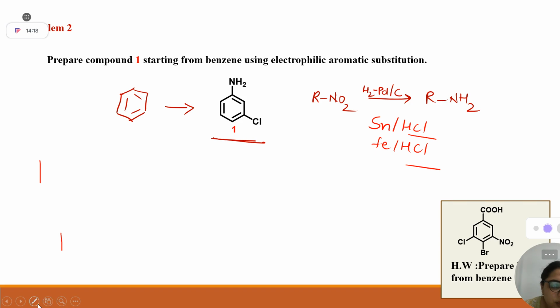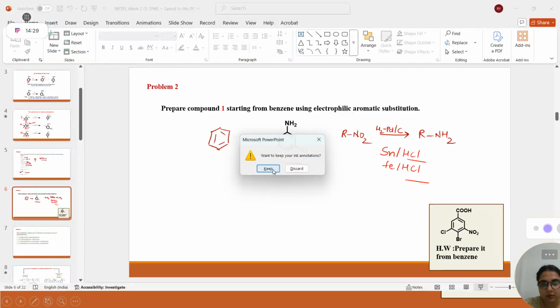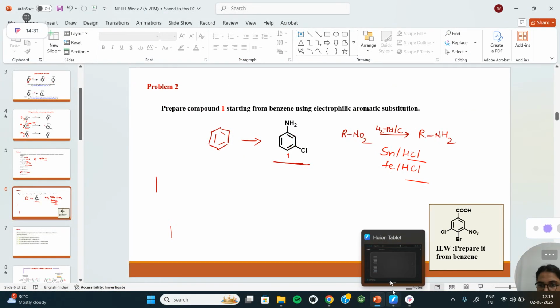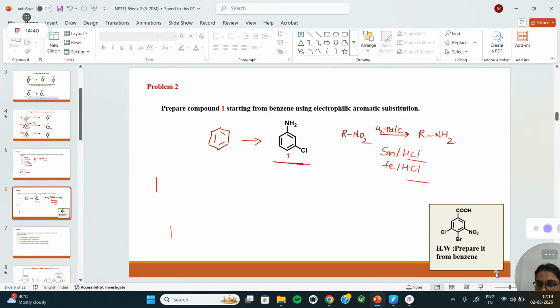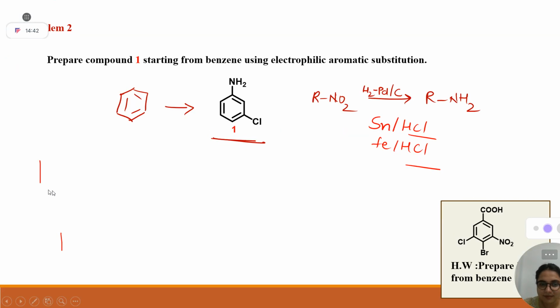Can anyone tell me what is the problem in her reaction sequence? Ma'am, chlorine is ortho-para directing, so it will not give the meta product. Very good.